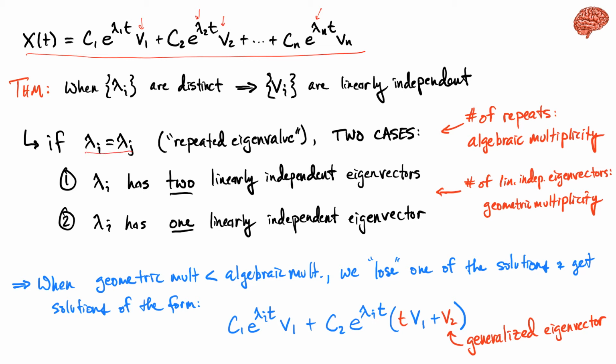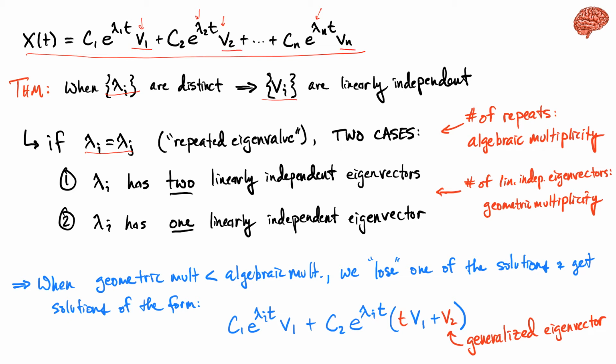If you have a repeated eigenvalue, you don't necessarily get independent eigenvectors. If all your eigenvalues are distinct, then all the eigenvectors that correspond to those eigenvalues are linearly independent, so you already have n of these that are linearly independent.